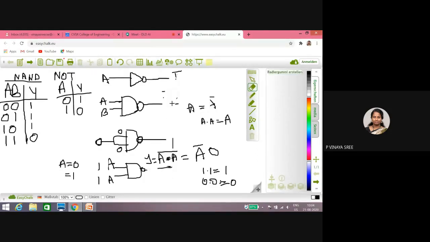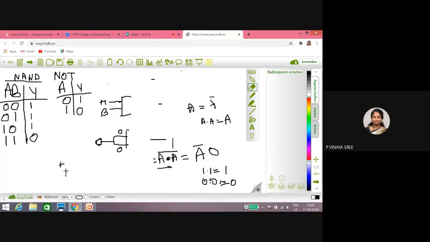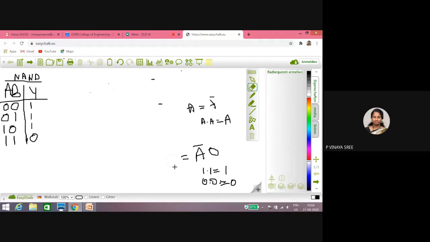Now let me start with the next basic gate. What's the next basic gate? AND. Yes, NOT is already completed, but let me revise. So next is AND. Quickly check the AND truth table and symbol in your notes and tell me.